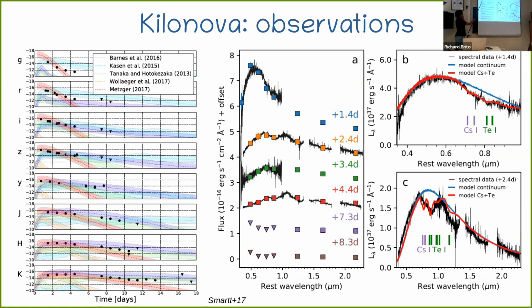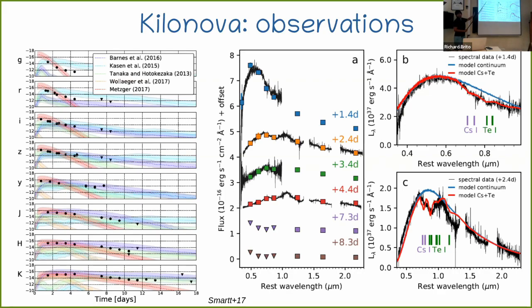And these are different models. So there is only a blue kilonova, only a red kilonova, so lanthanide free and lanthanide rich, and there is this red one, which is a lanthanide mixture. The very blue part cannot be explained by lanthanide material because there's a lot of opacity.